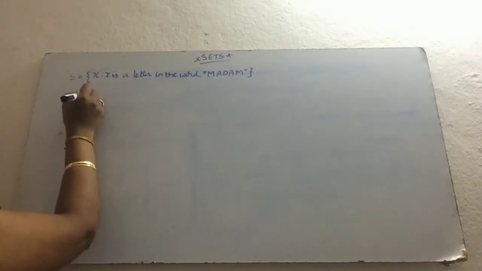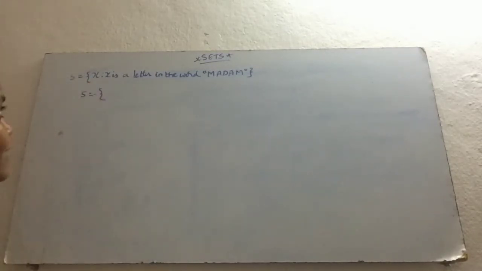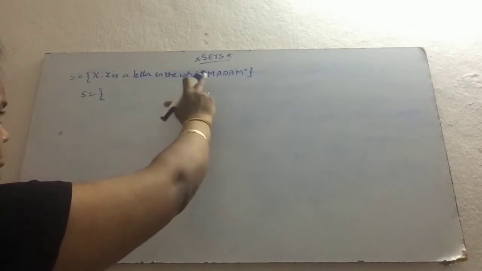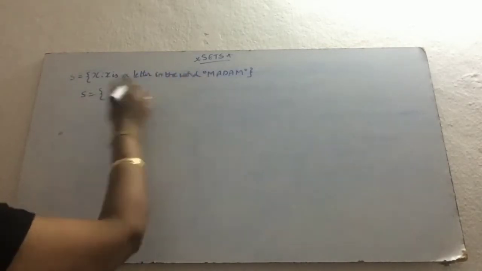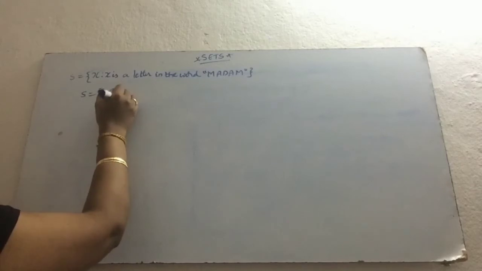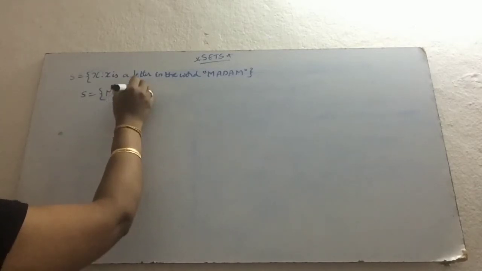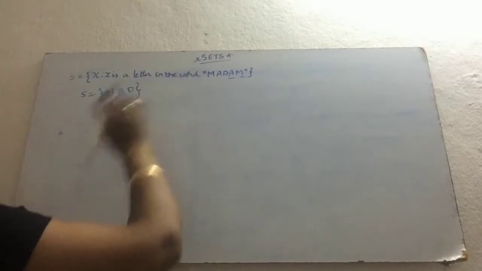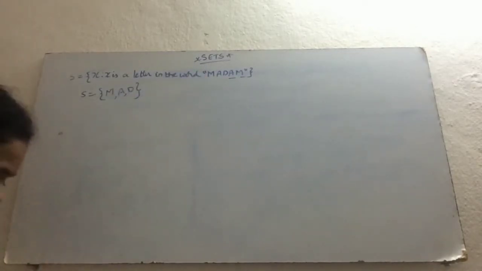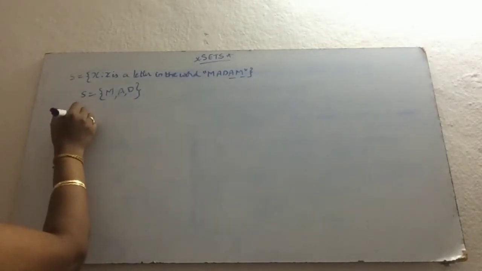What are the letters in that? M, A, D. The remaining are repeated, and in a set terms are not repeated. That's why we will write only one: M, A, D.